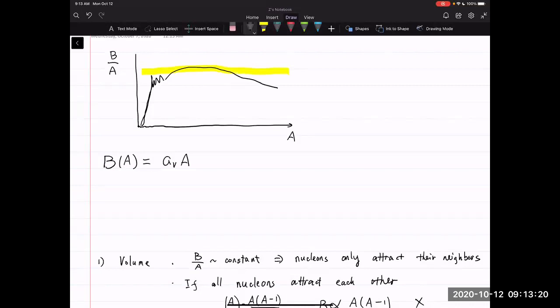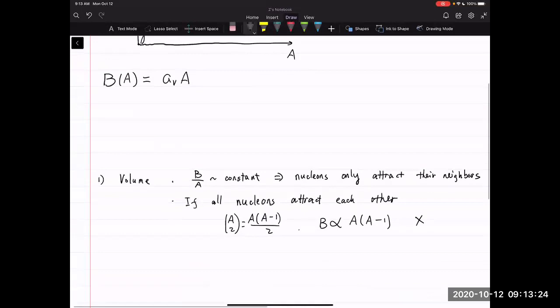So let's go through each of the corrections. The first correction, or the second term, is called the surface term.